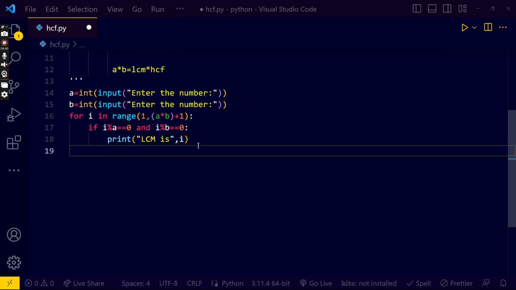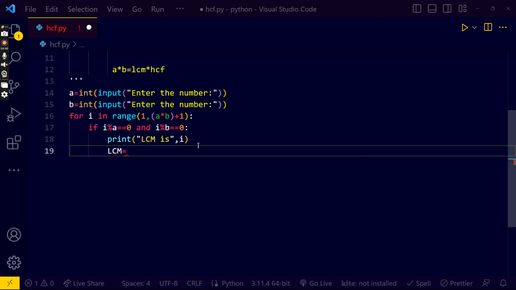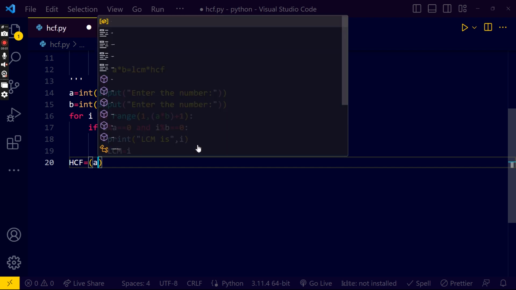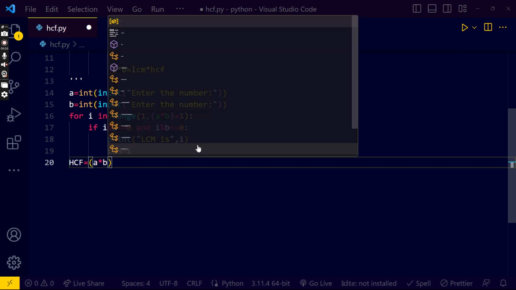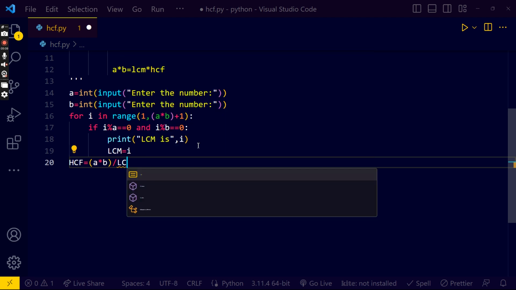Now I'm assigning HCF equals the product of two numbers, A star B, divided by LCM.